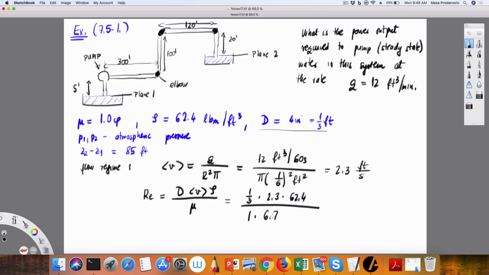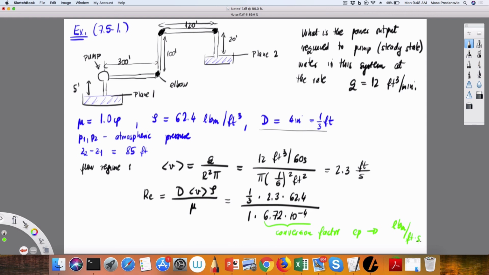That conversion factor is 6.72 times 10 to the minus 4, for centipoise to pounds mass per foot second.